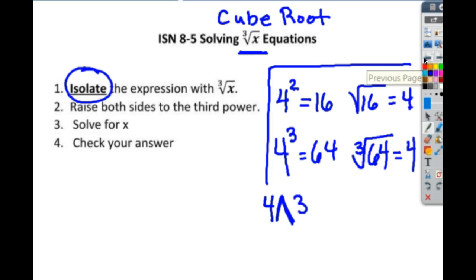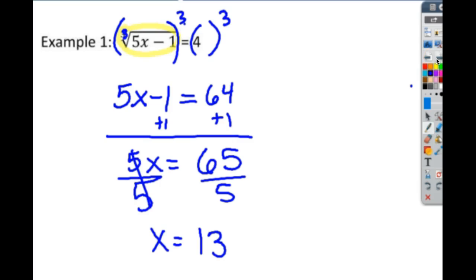Now, back over here, it says check your answers. Checking your answers is always a good idea, but it's not actually required like it is on the second power. When you raise something to the second power, an extraneous answer might get in there.